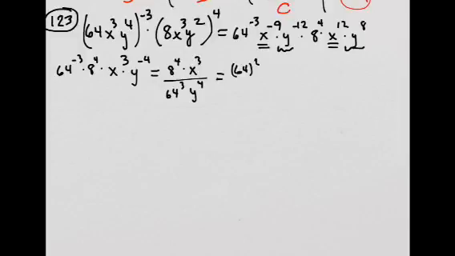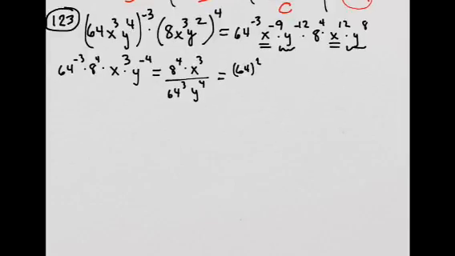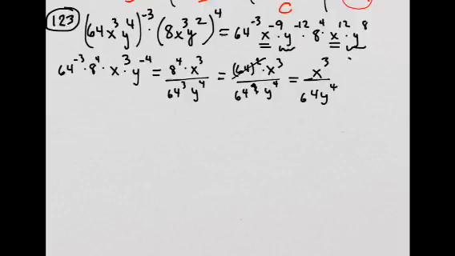Because that's 8 to the 4th power. And then x cubed. And so this is 64 to the 3rd. So then I can cross this out, and since I have 3 64s in the denominator, I crossed out 2 of them, so that leaves me with 1. So my final answer is x to the 3rd over 64 y to the 4th.